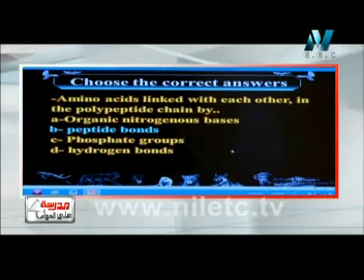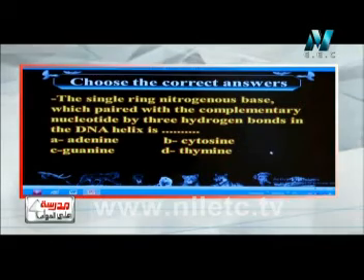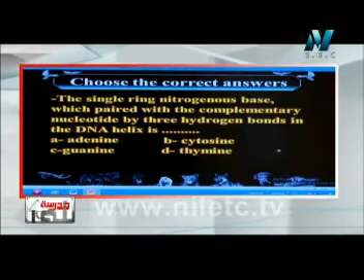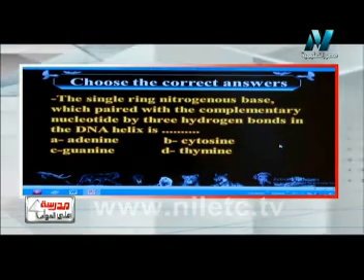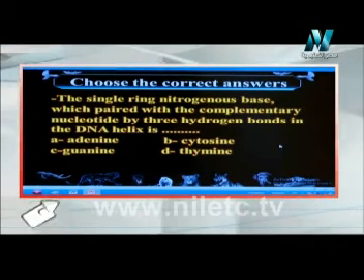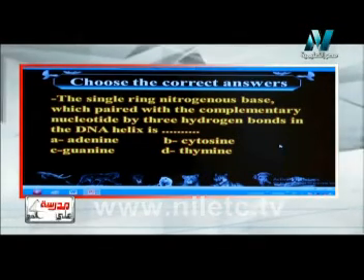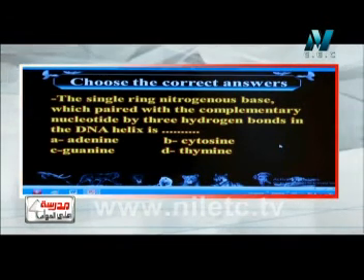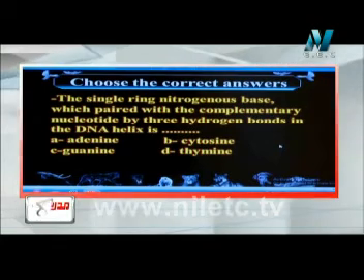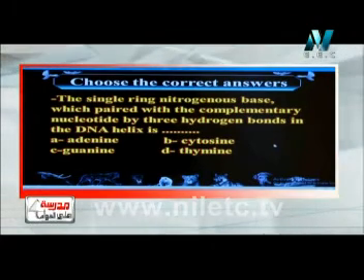The next question. The single ring nitrogenous base which pairs with the complementary nucleotide by 3 hydrogen bonds in the DNA helix is? The question asks about the nitrogenous base which pairs with the complementary nucleotide, but that's a single ring.